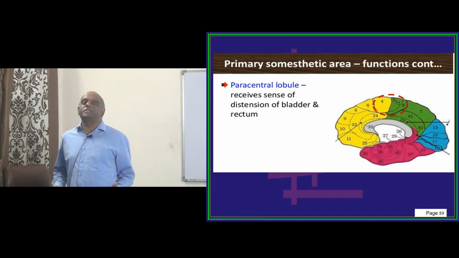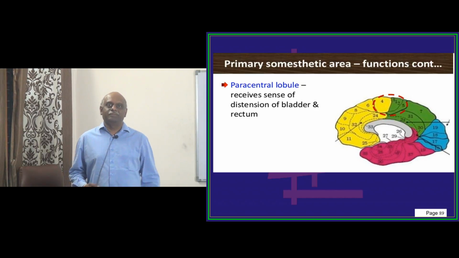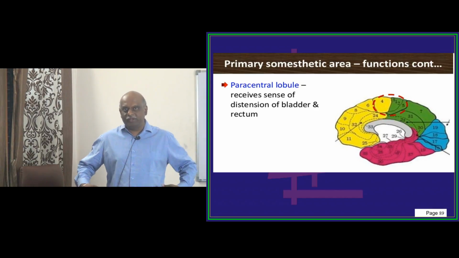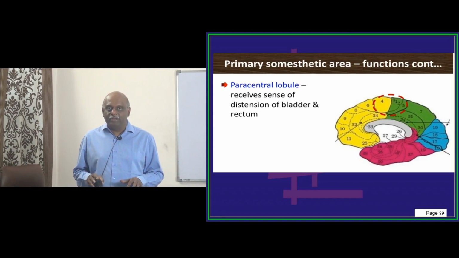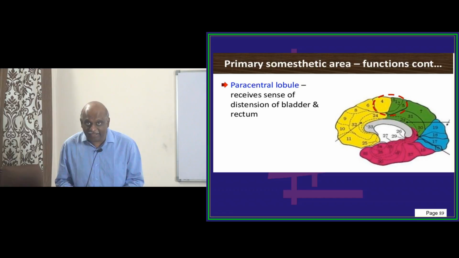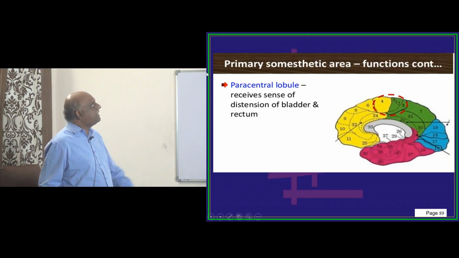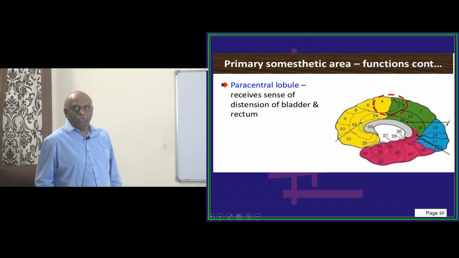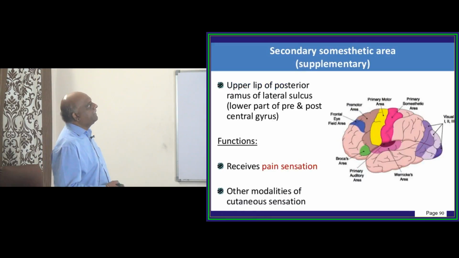Whenever your bladder is distended, it is all locally controlled by your spinal cord level only, micturition, everything. But in turn, that lower micturition centers in the sacral plexus are controlled by the central areas located in the paracentral lobule, which gets the information of the bladder and rectal distension is what you need to remember.